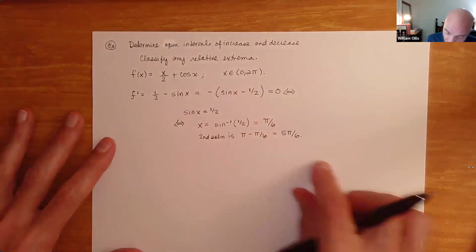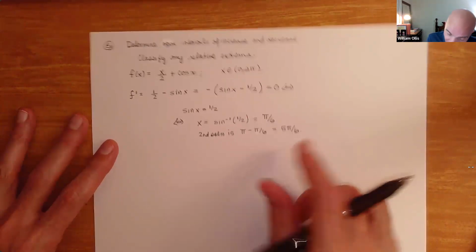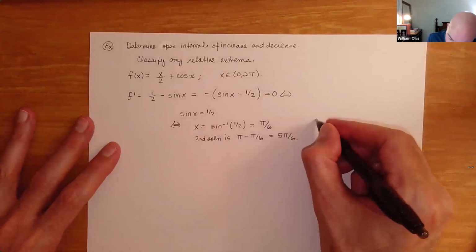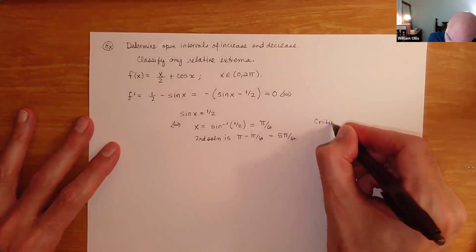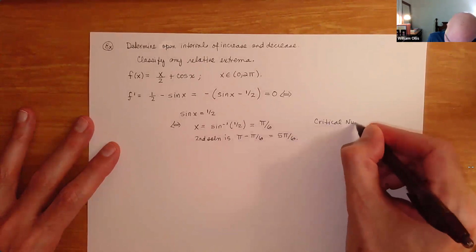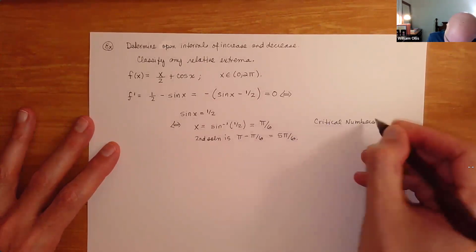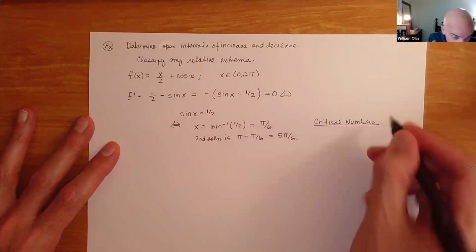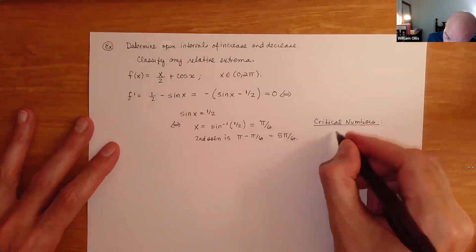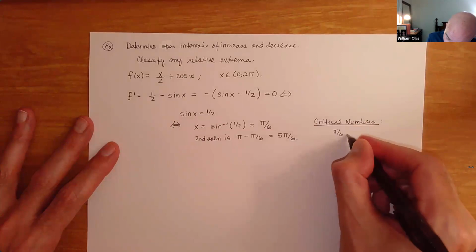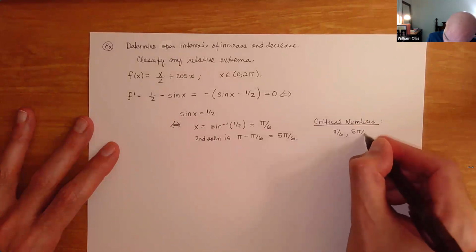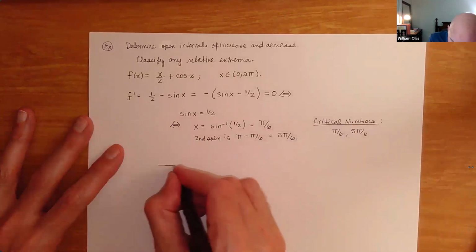So now we can think of critical numbers or boundary values. So you want to state that maybe critical numbers. Again, we were thinking of boundary values in our previous courses. So we have pi over 6 and we have 5 pi over 6. So now we do the same analysis we did before.